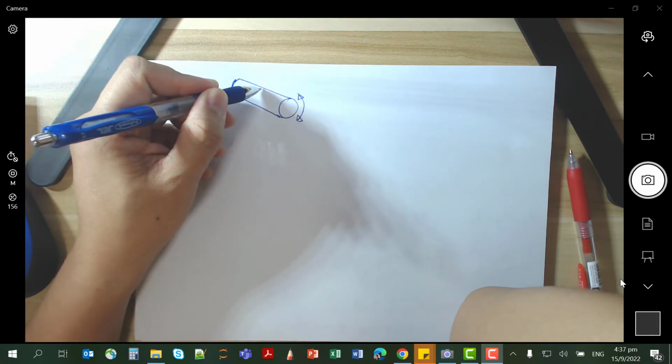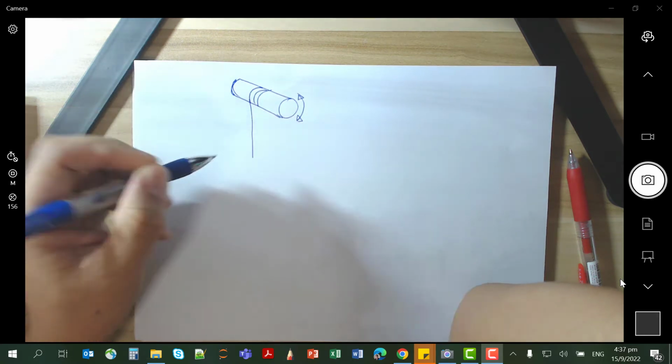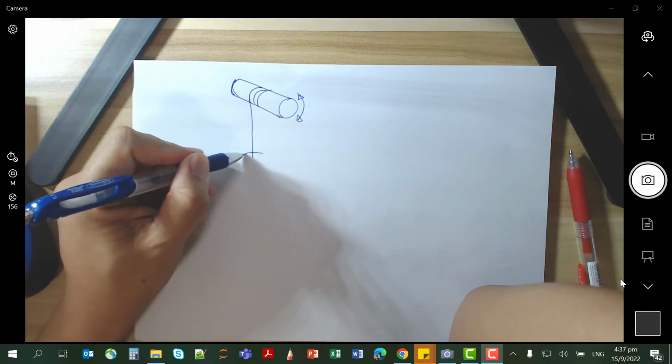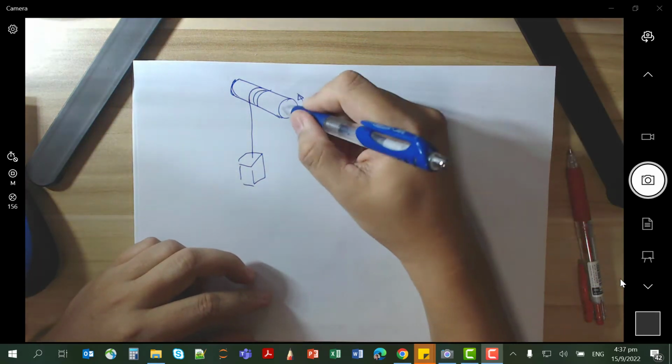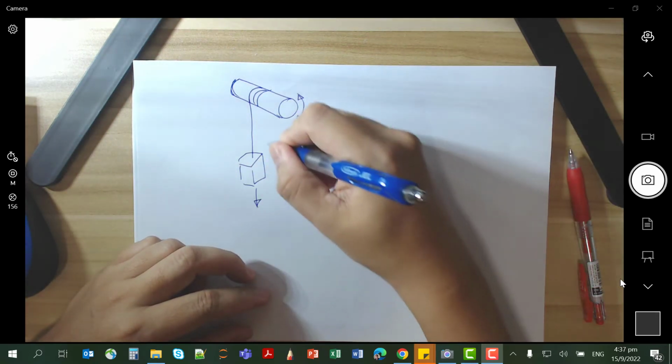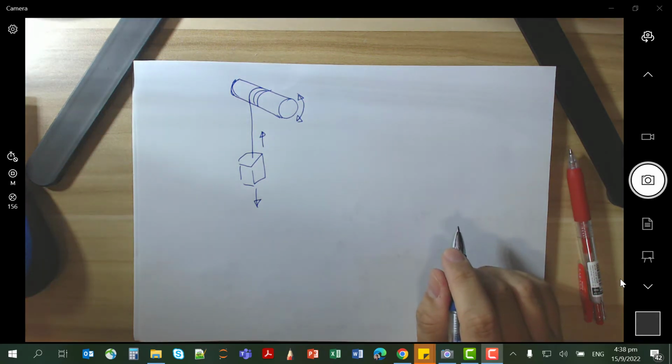And this drive shaft is typically connected to a cable. Imagine a cable carrying an object, so by turning, the object will either go down or go up. That is the typical question.